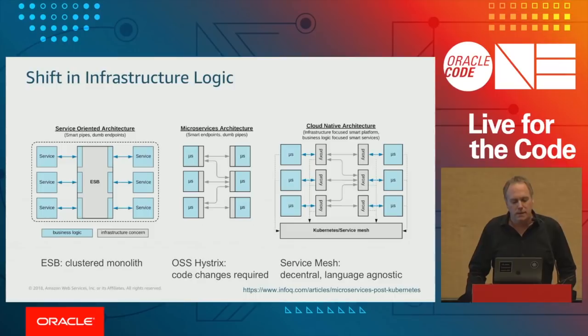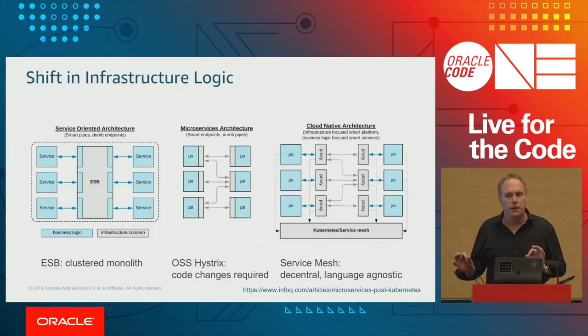And the answer is, this is what you get with a service mesh. And this is really nicely described in this InfoQ article. I put the link at the bottom. So the logic is externalized. You don't have to change your code. It's working for all kinds of programming languages. Actually, the programming language doesn't matter. You just give it a container.